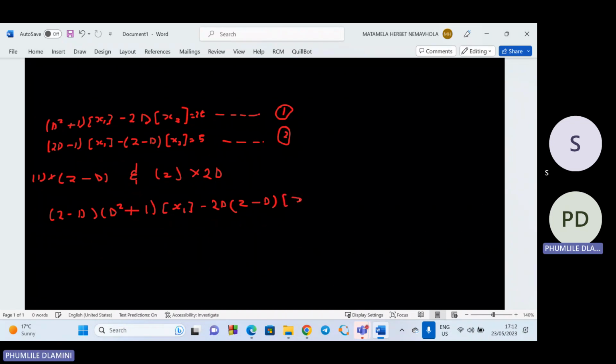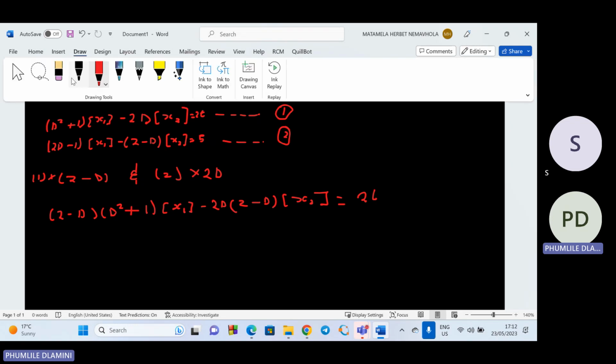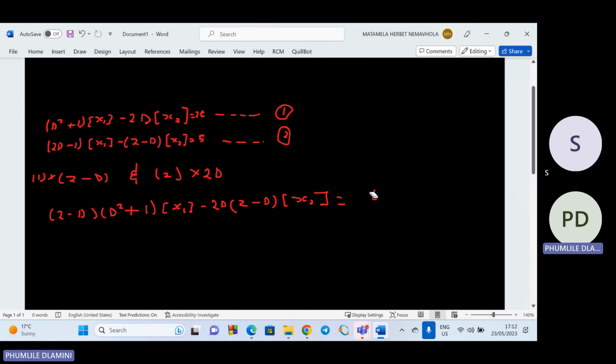This is the side of x2, which is equal to 2t. So with 2t, we can just work it out at the same time.